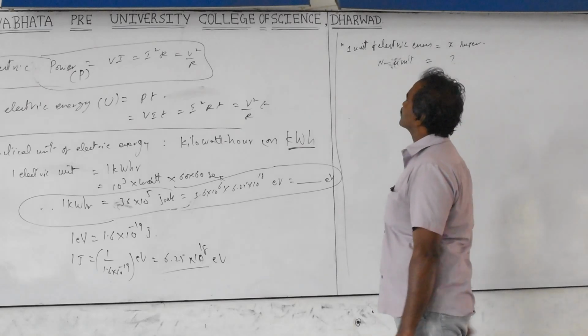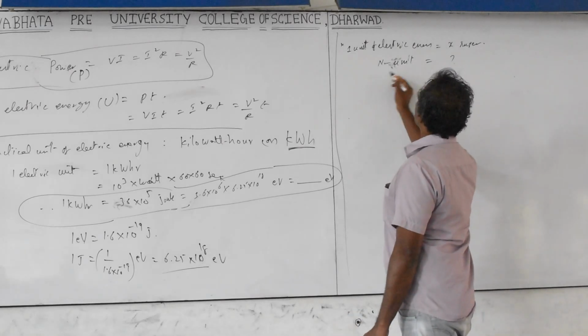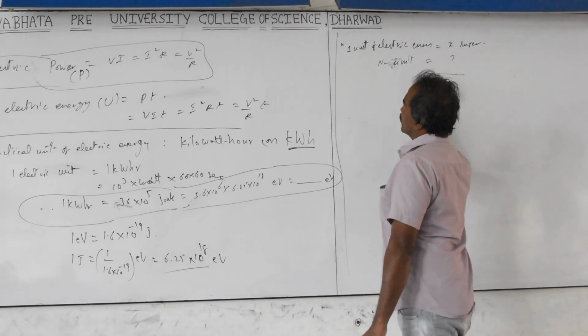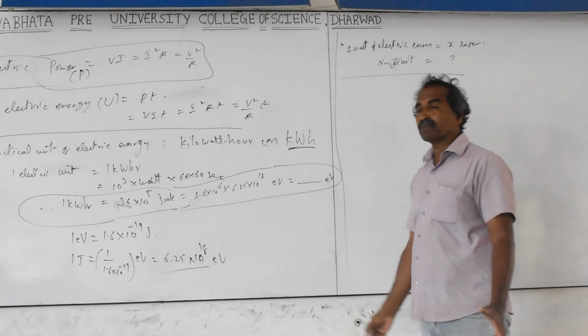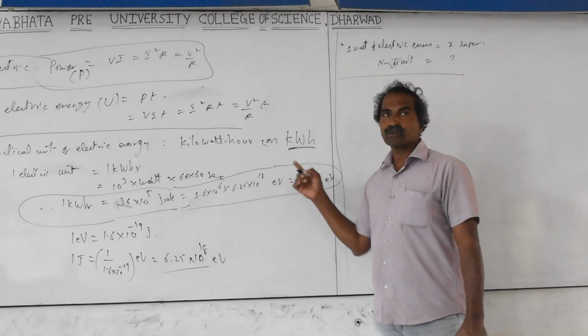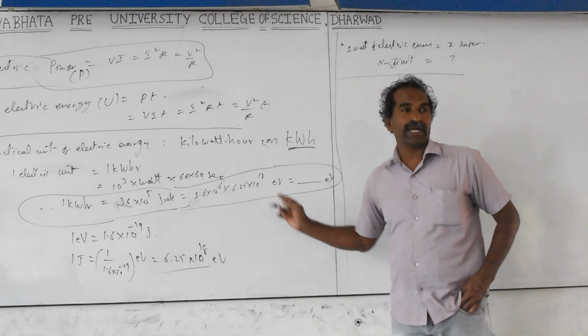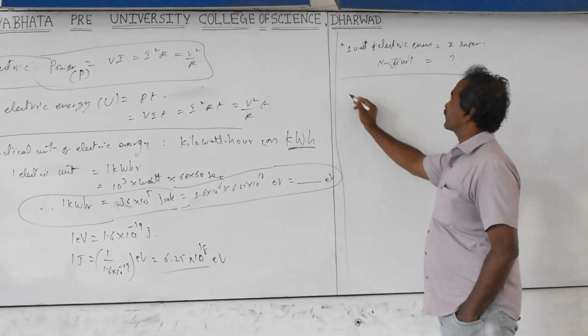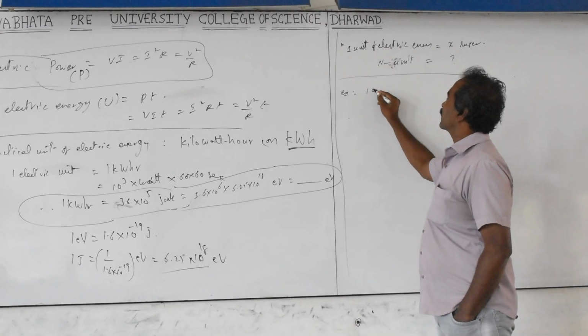Just take the cross multiplication, you will get the relation for the number of units. And if you are using power bulbs, whatever wattage you are using in the houses, you must convert into kilowatt hours.